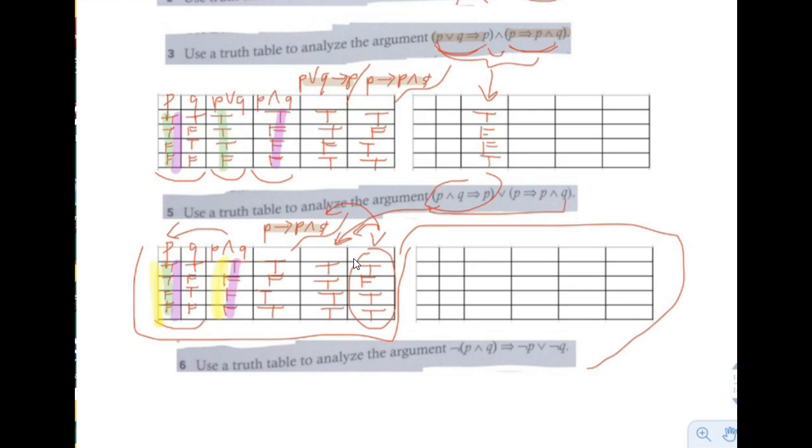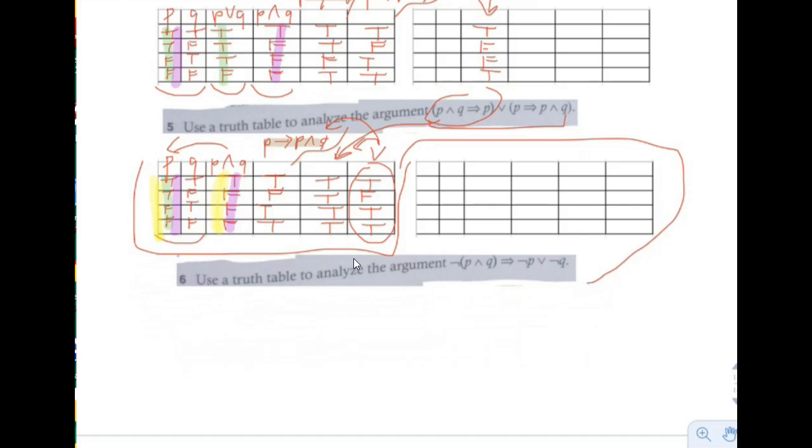All right. Now let's do the last one. So we'll copy and paste this. Okay, so we have our little table of trues and falses.